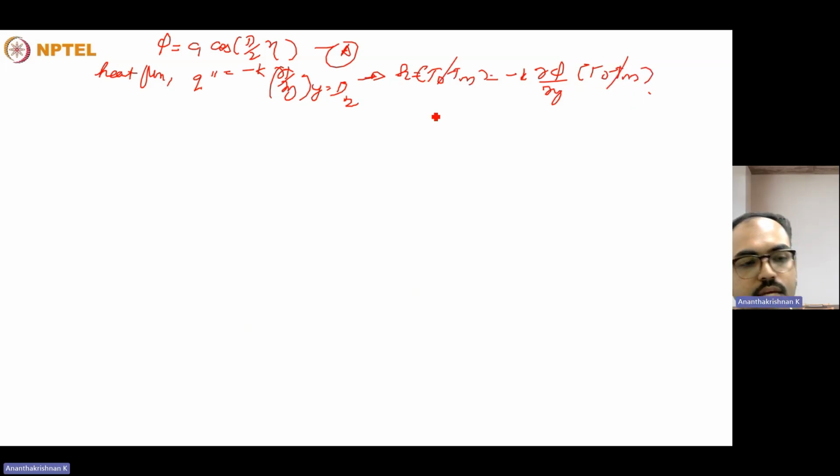So T0 minus Tm gets cancelled. I beg your pardon, there's a minus in it. So therefore, what we can write is H is equal to K into dou T by dou Y, which is phi dash divided by D by 2.